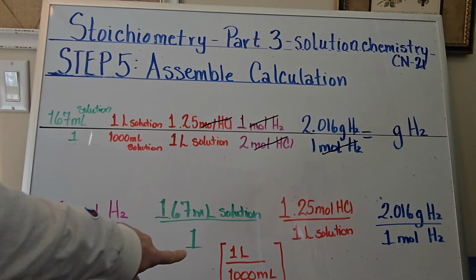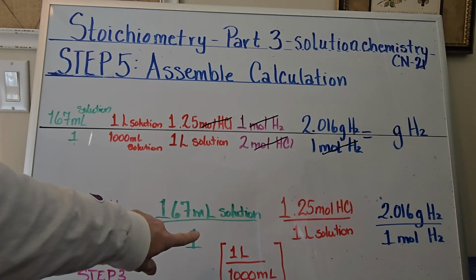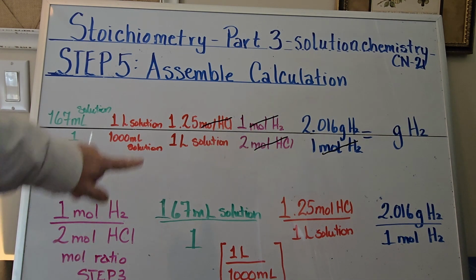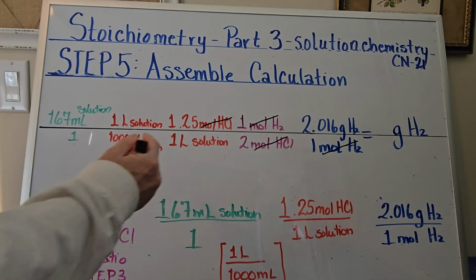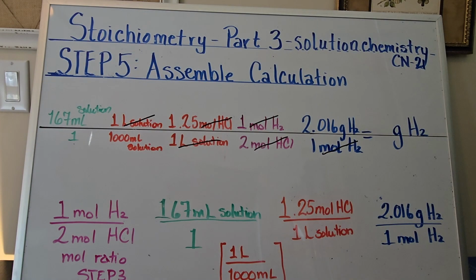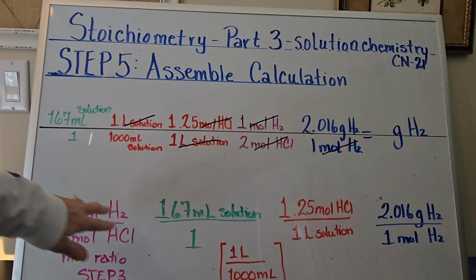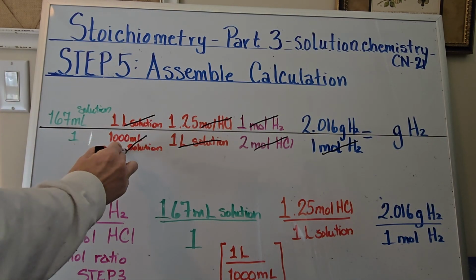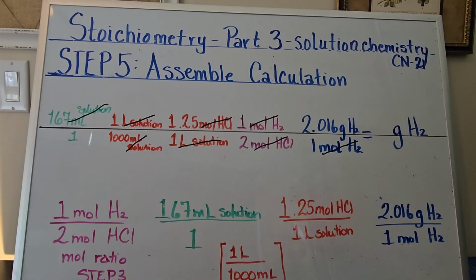This is the unit factor from my cheat sheet. 1 liter of solution to 1,000 milliliters of solution. And again, I like it the way it is because my 1 liter of solution will cancel out with liter of solution. Now I'm left with milliliters of solution on the bottom. My plain number takes care of that. I have milliliters of solution canceling with milliliters of solution.